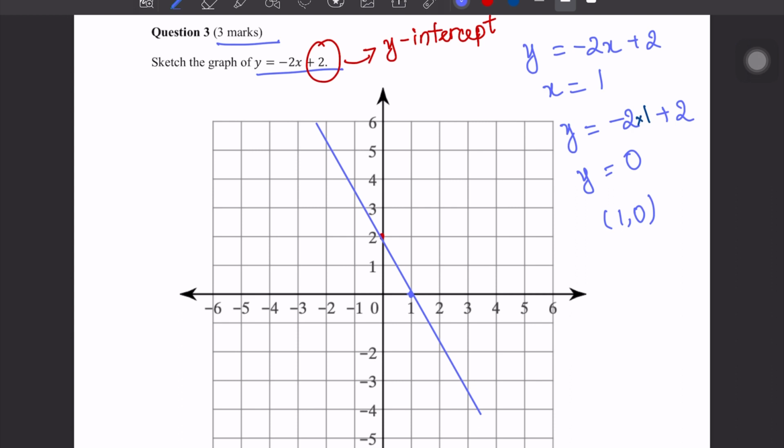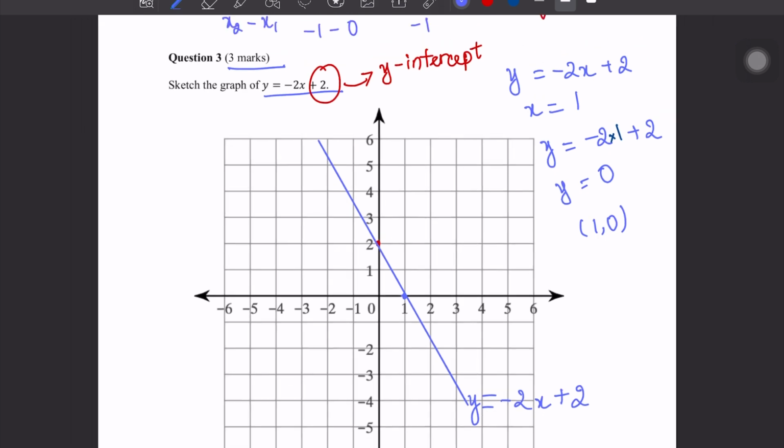Meanwhile, you need to have 2 points, a straight line, and you need to label your straight line. If you do not label it, I will deduct 1 mark because if the line were not labeled, I do not know what the line is.